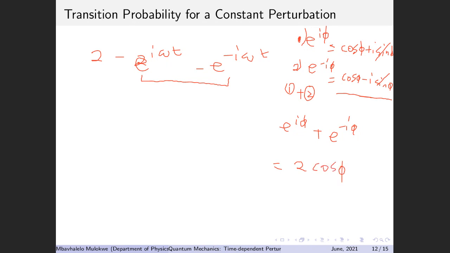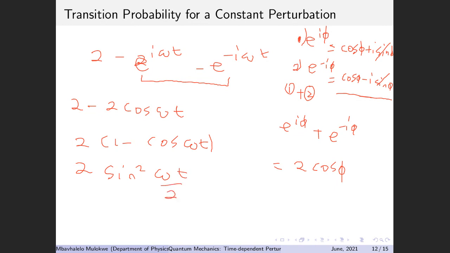So you get 2 cos phi. So this means that the expression that I had there will simplify into 2 times 1 minus cos omega t, and this is 2 sine squared omega t over 2. And then the thing that we wanted was to take the mod.